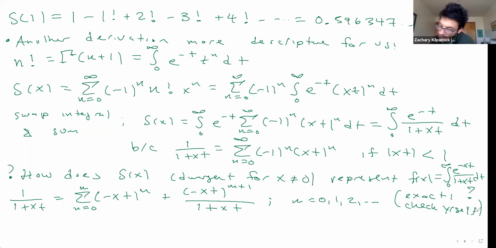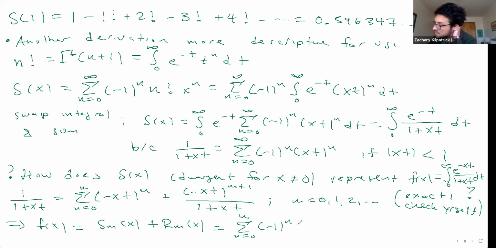So I can write f of x as the sum of something I'll call Sm of x and Rm of x. Sm of x is going to be a partial sum, n equals 0 up to m, of minus 1 to the n, n factorial x to the n.